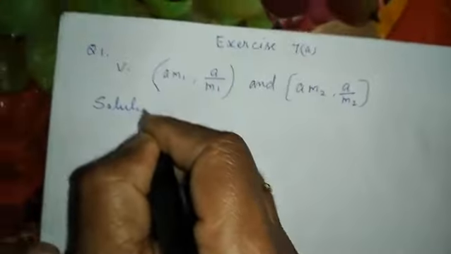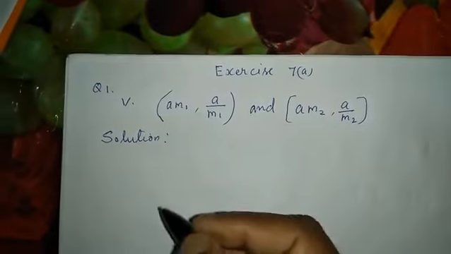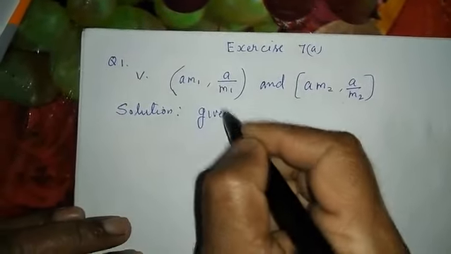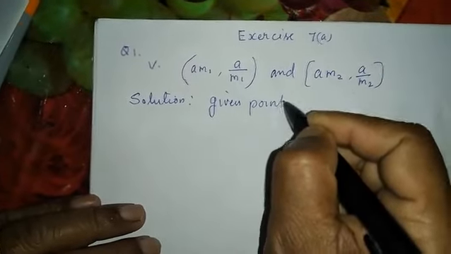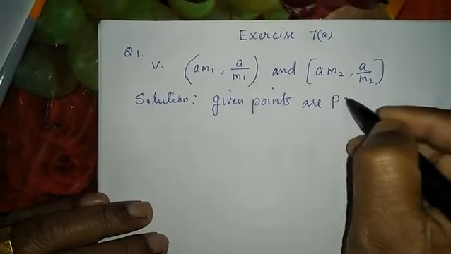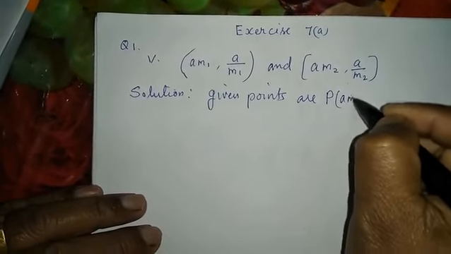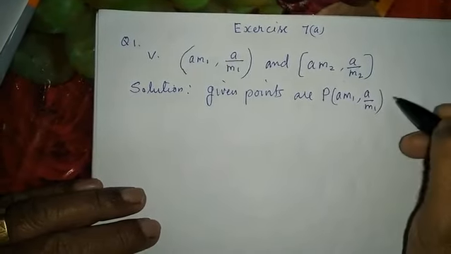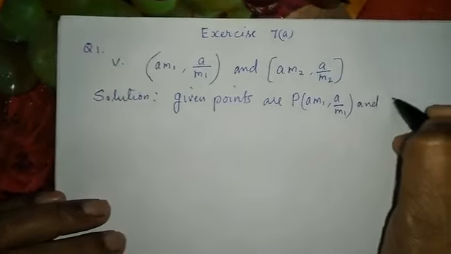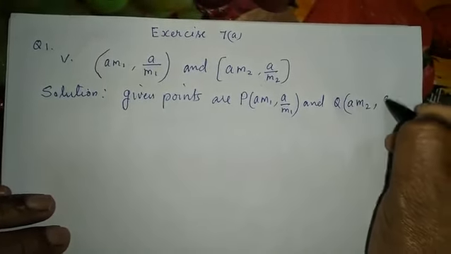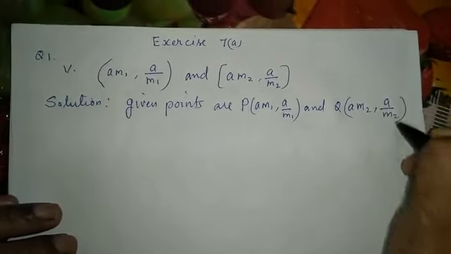Solution. Given points are P (a m1, a/m1) and Q (a m2, a/m2).